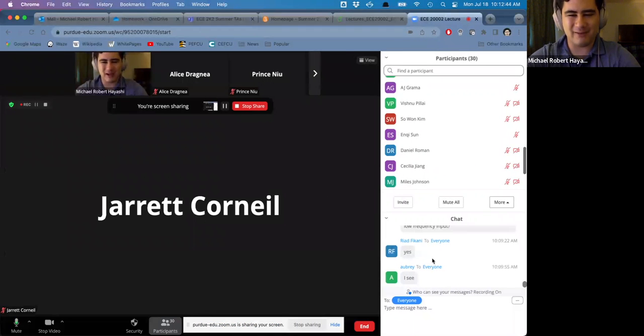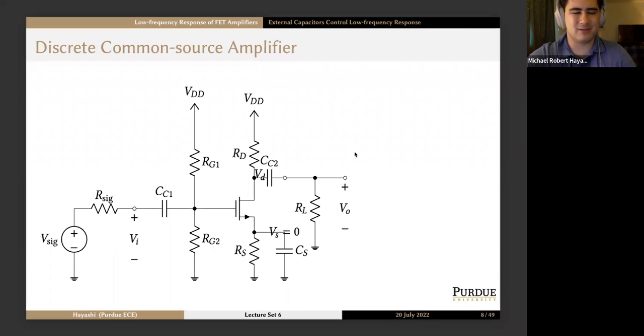Hopefully everyone remembers how we analyze this type of circuit. We do our DC biasing, so we figure out the amount of drain current that goes through this transistor, and then from the drain current, we can easily find G sub M. Remember, the FET transconductance is equal to square root of 2 kn ID.